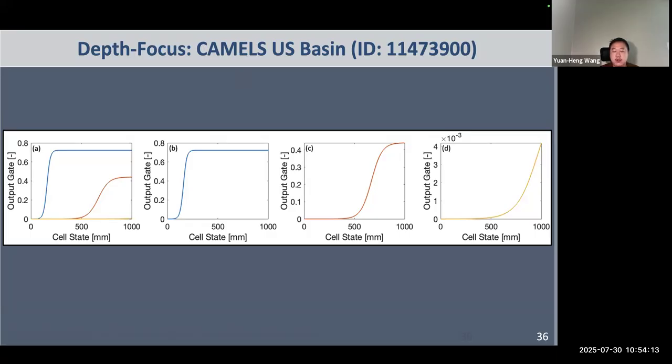The second gate, coded in orange, starts to activate around maybe 500 millimeter, with a maximum gate value of around 0.4. The last node has a very small activation value, and it only releases water when the cell state exceeds around maybe 400 millimeter.